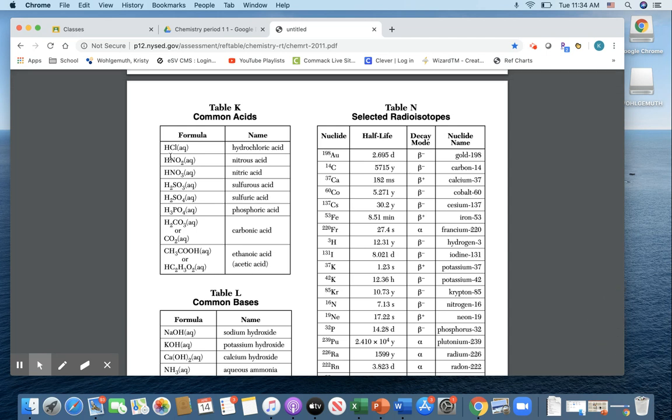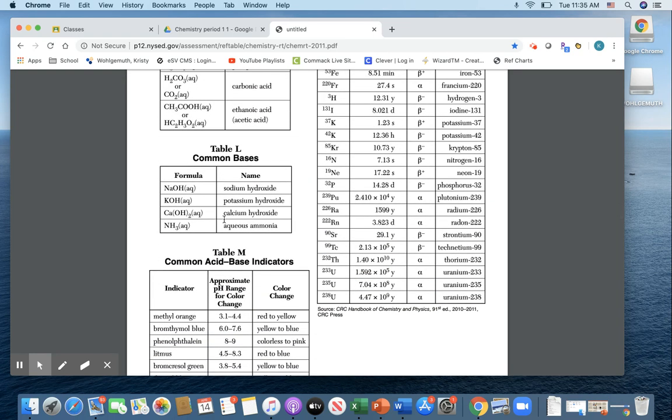So the HCl, the HNO2, HNO3, H2SO4, a majority of these molecules have that positive hydrogen ion. The acetic acid can be written one of two ways, but you can tell that you have that hydrogen ion again because it's right before that acetate -1 polyatomic ion, but you still have that H there. All right, so those are your common acids on table K.